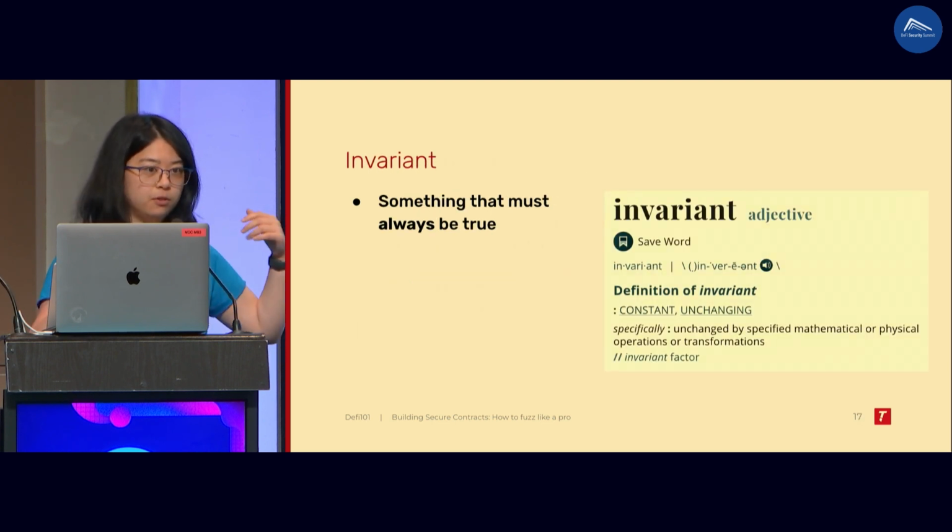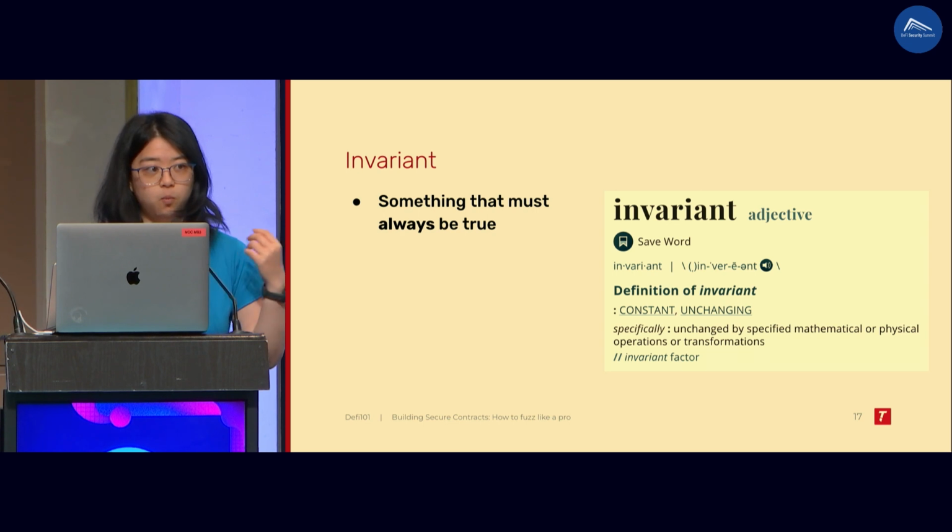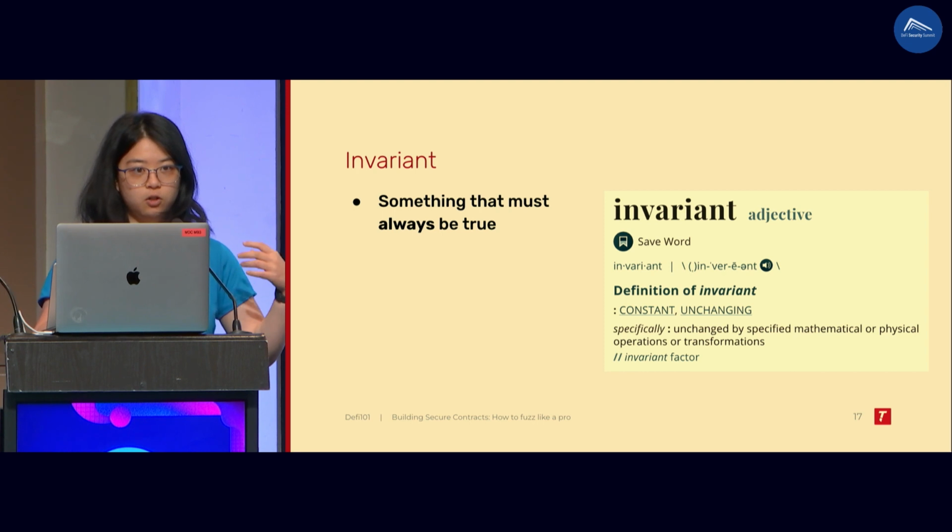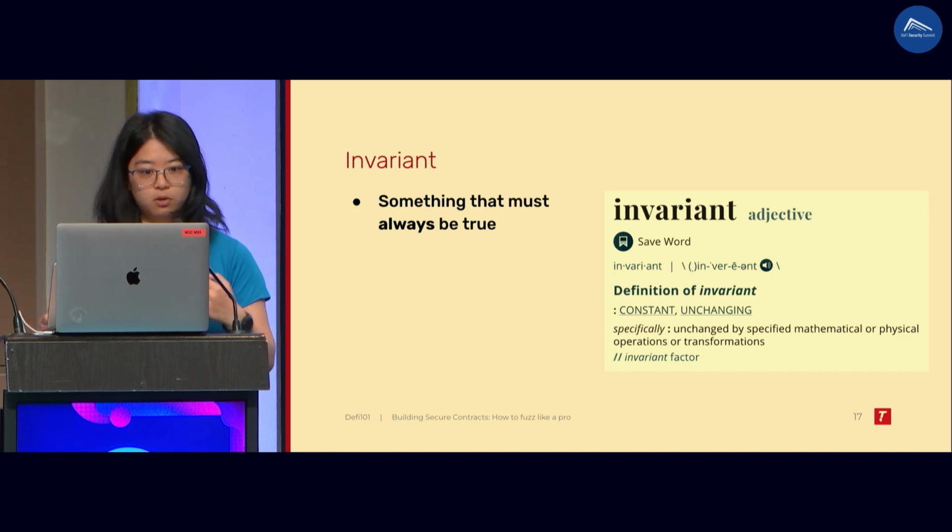So in terms of what is an invariant and how we are able to use fuzzing, an invariant is basically something that always has to be true. Regardless of what a user does with your code base and how your code base works, this property is supposed to hold true for any state change.